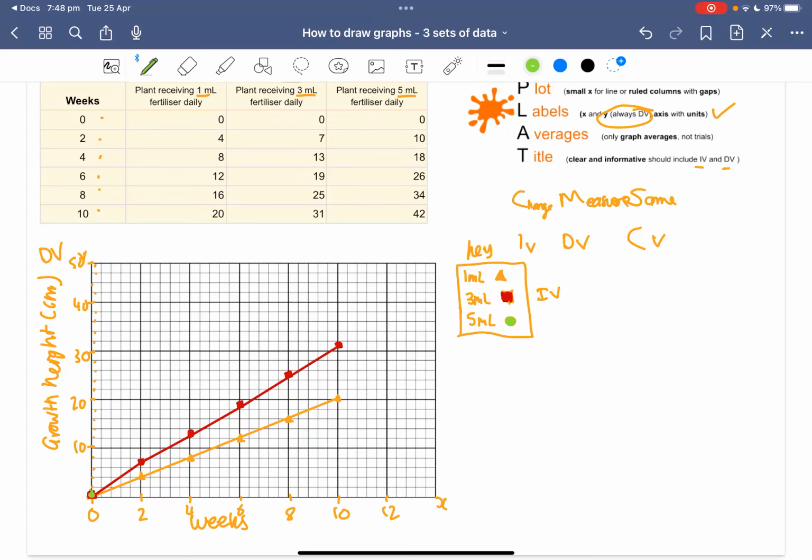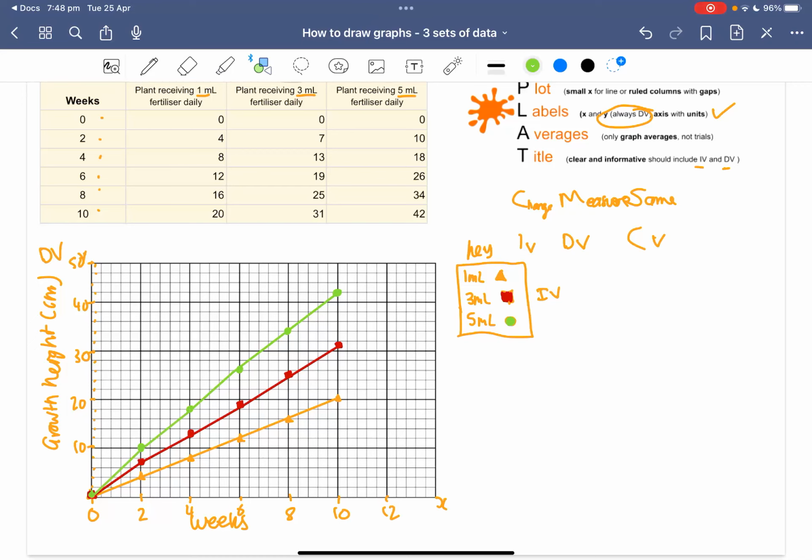And then it was 10 at 2 weeks. 4 weeks, it was 18. 6 weeks, it was 26. 8 weeks, it was 34. 10 weeks, it was 42. Okay, and then once again, get my ruler out and draw a straight line.